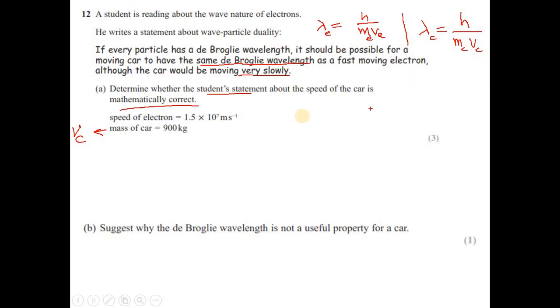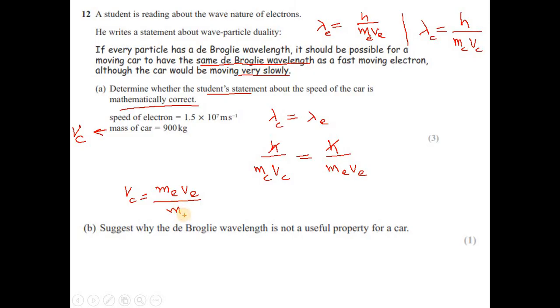Now they are saying that the car has the same de Broglie wavelength as the fast moving electron, that means lambda c is equal to lambda e. That means h upon mc vc must be equal to h upon me ve. So h gets cancelled, and we need to find vc, so we make vc the subject. So vc would be equal to me ve divided by mc.